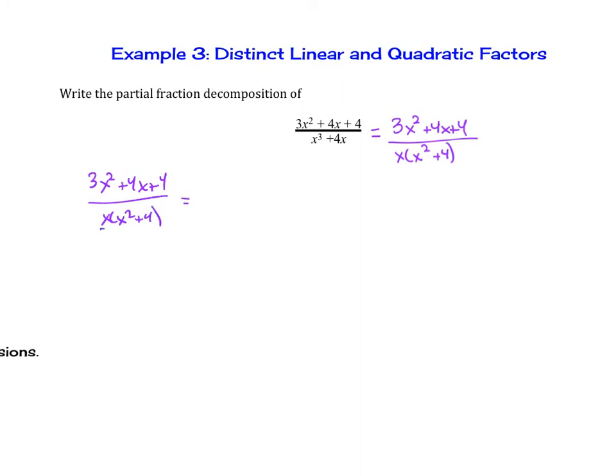Then we write the linear factor, a constant A over x, plus a linear Bx plus C over the quadratic. Okay, so this is a quadratic here. So this is the partial fraction form that you write. Then we solve it like we did previously, meaning we multiply by the LCD in order to get our basic equation.